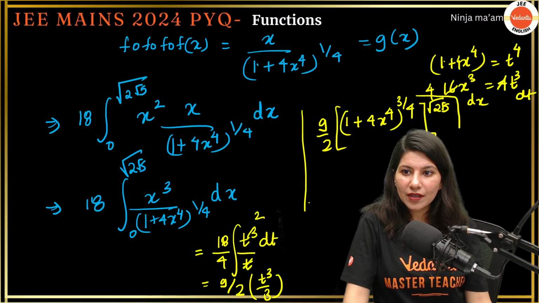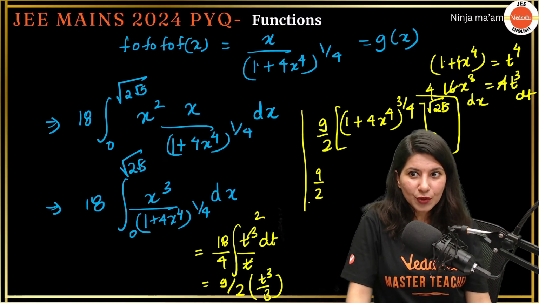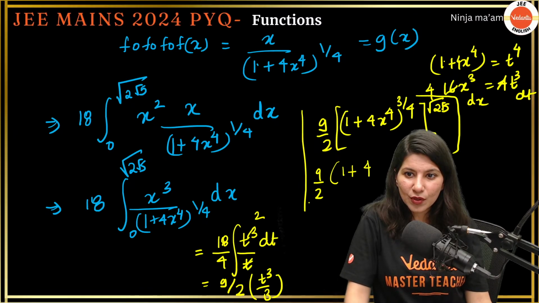The moment you put 2 root 5, 2 root 5 squared, 5 twos are 10, so 1 plus 4 times that. And the moment you put 0, you will get 1.